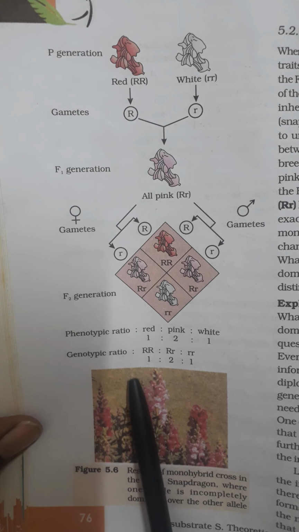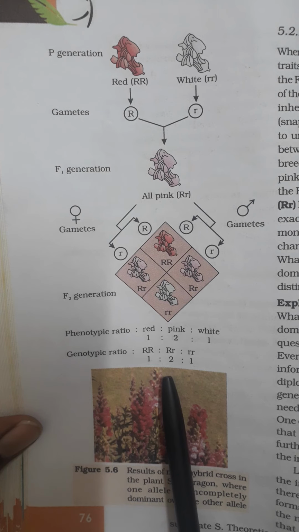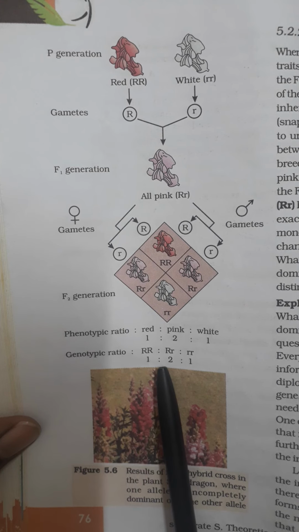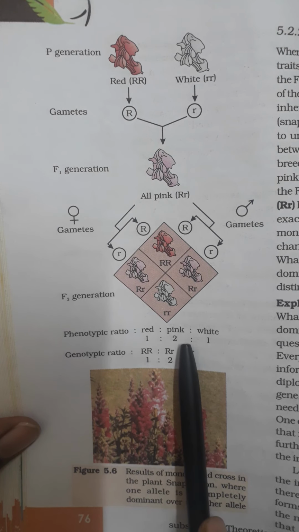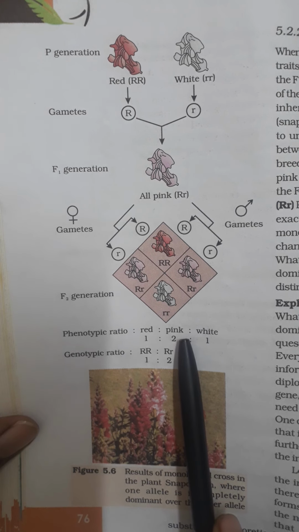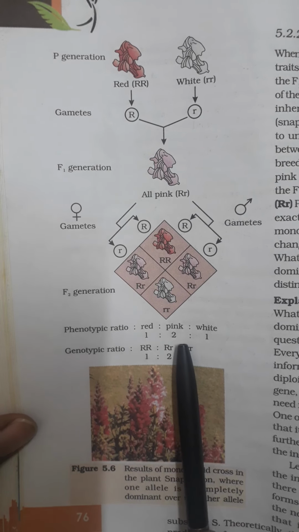The phenotypic and genotypic ratios are similar, the same, in incomplete dominance in the F2 generation of a monohybrid cross in Snapdragon or Antirrhinum majus. That is different in pea plant. So this does not follow Mendel's laws. That is about incomplete dominance.